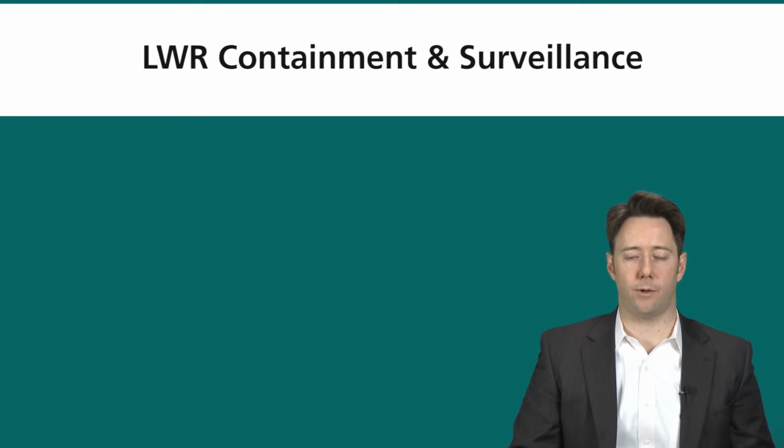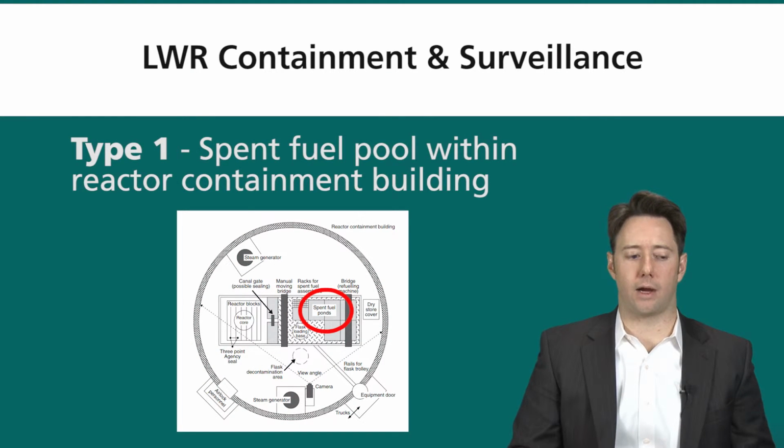And for LWRs, light water reactors, there are two types of general containment and surveillance plans based on the configuration of the reactor. For type 1 reactors, the spent fuel pool is located inside the reactor containment building.